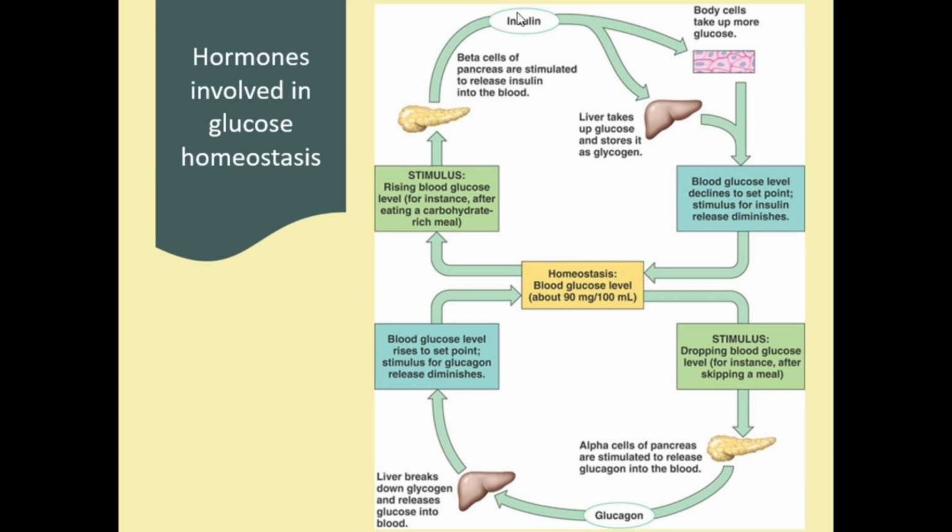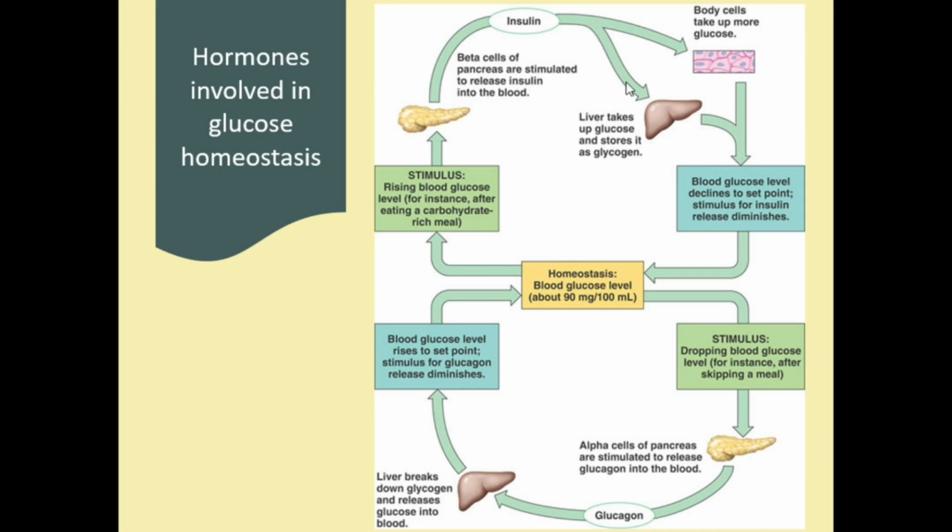Now, insulin courses around our body, and insulin acts in two major ways. The first way it acts is it encourages our body cells to take up more glucose. So our cells open up specific glucose channels, which we'll look at on the next slide, to start importing glucose into the cells.